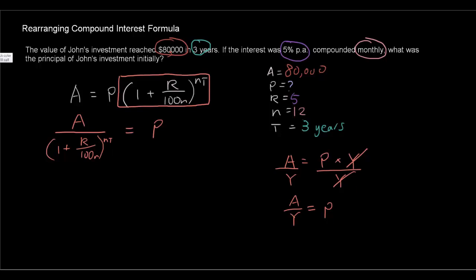So we have 80,000 is A, so 80,000 divided by 1 plus R, which is 5, over 100, N is 12, to the power of 12 times 3.